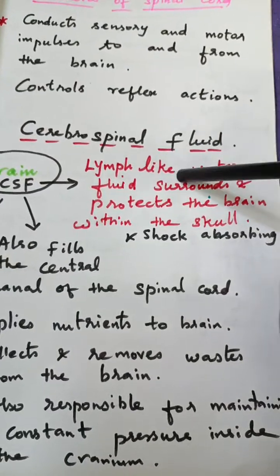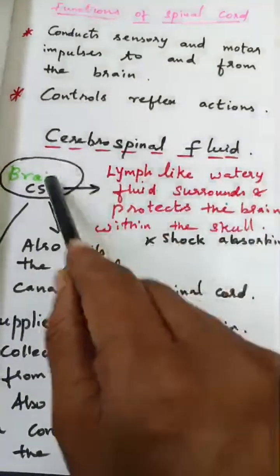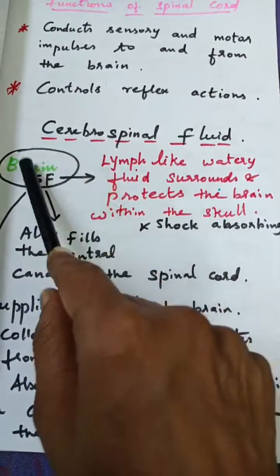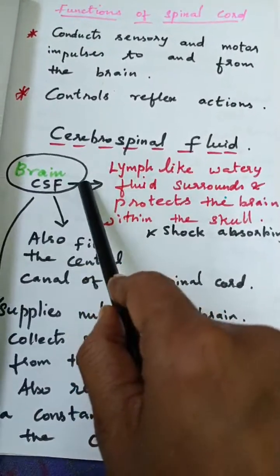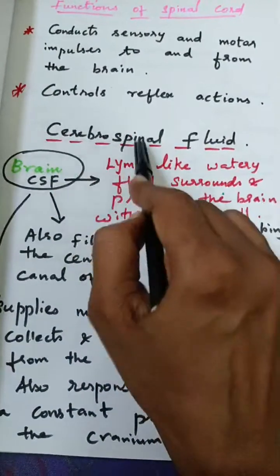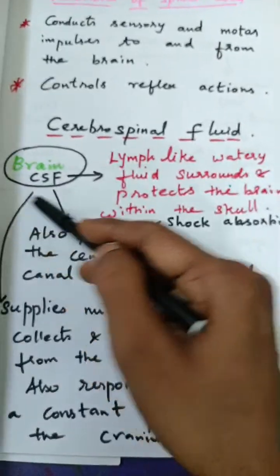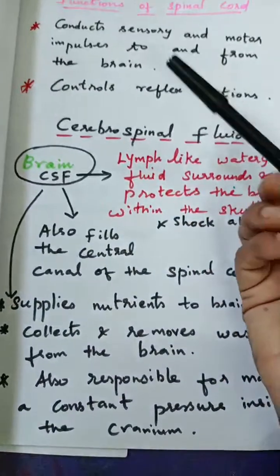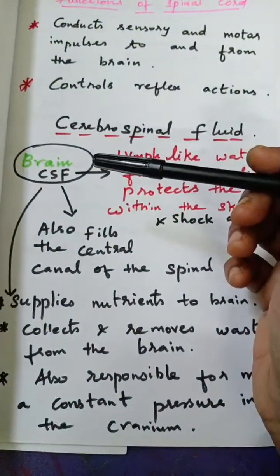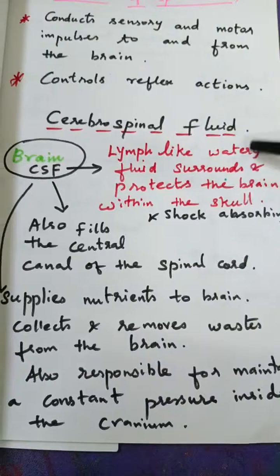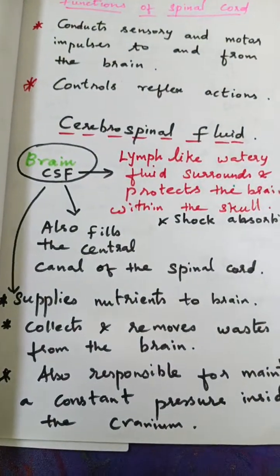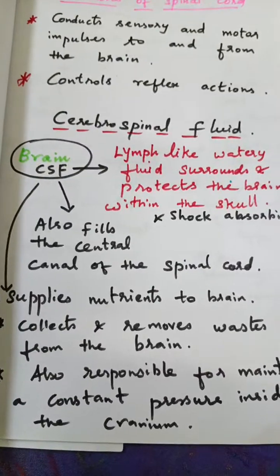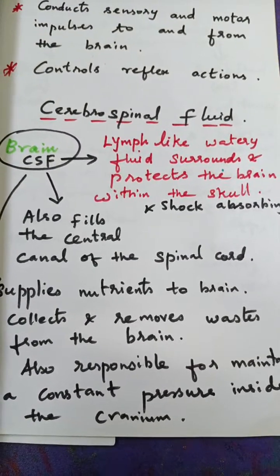So this lymph-like watery fluid is known as the cerebrospinal fluid, which surrounds and also protects the brain within the skull. Above the brain we have the skull, the skeleton in your head. Below that, between the skull and the brain, you have this very cerebrospinal fluid.